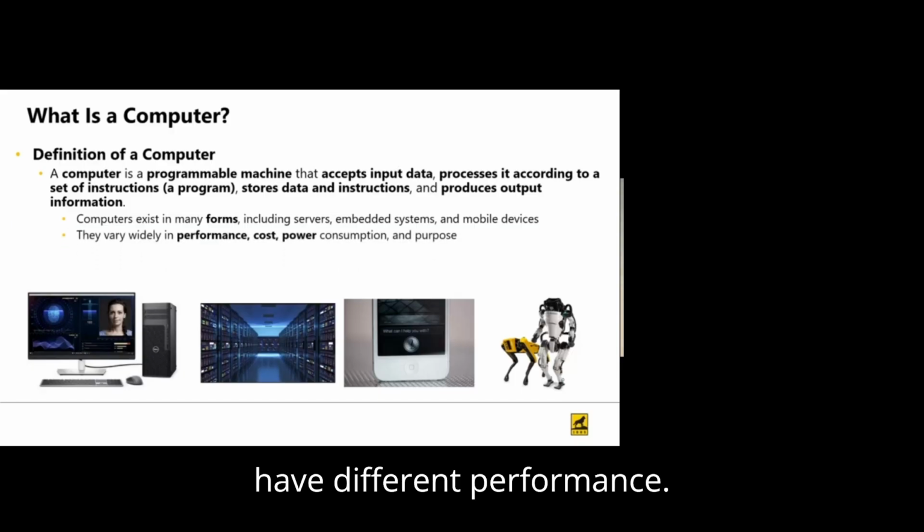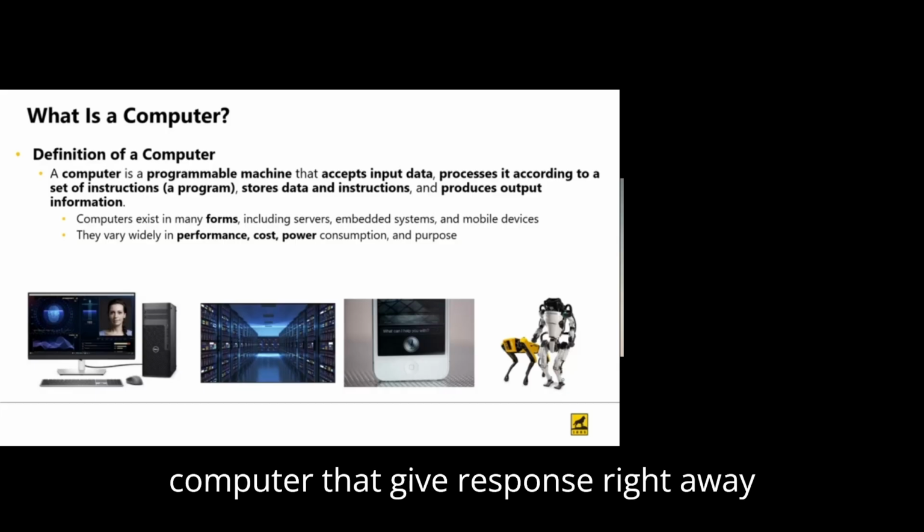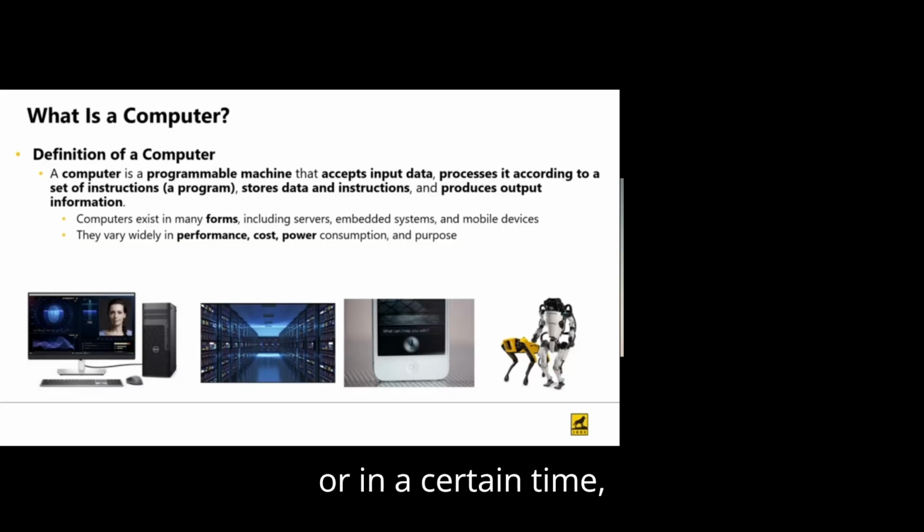Computers can have different performance. For some computers, speed is not an issue. Sometimes you want a computer to be real-time. Real-time means a computer that gives a response right away or in a certain time, like 10 milliseconds, for example.